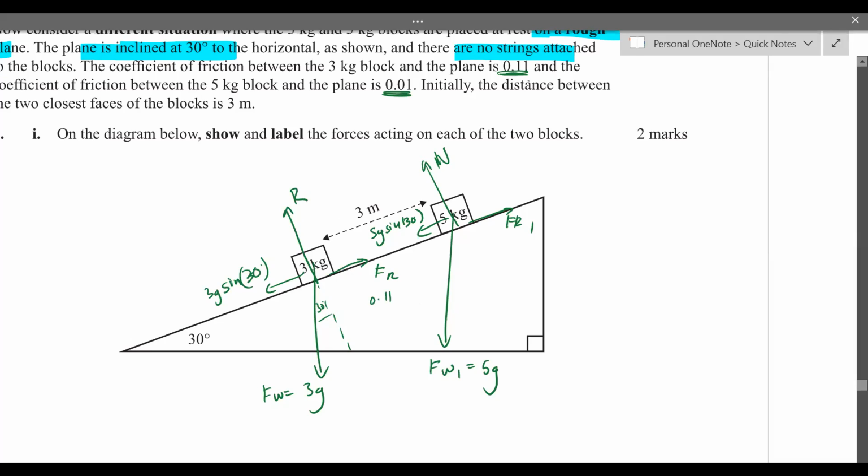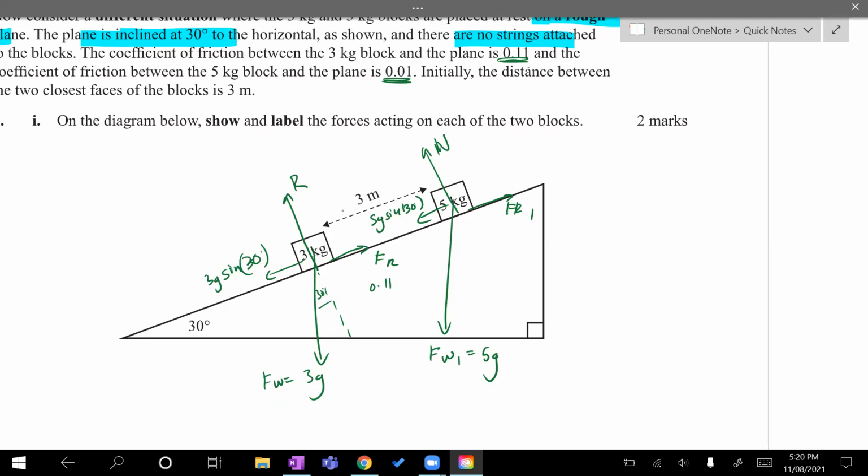So if we use all of those in our equation here, the 3 kilogram block is 3g sine 30 minus 0.11 times 3a. And then you can see that all the threes cancel, so the acceleration is not dependent on the mass right now.